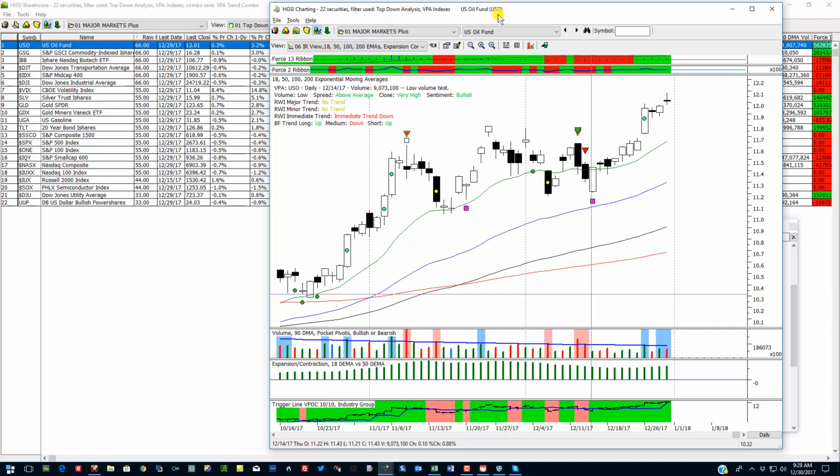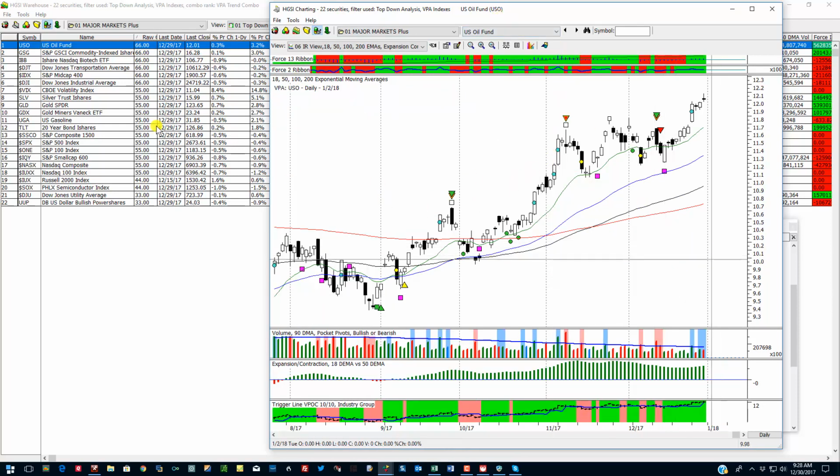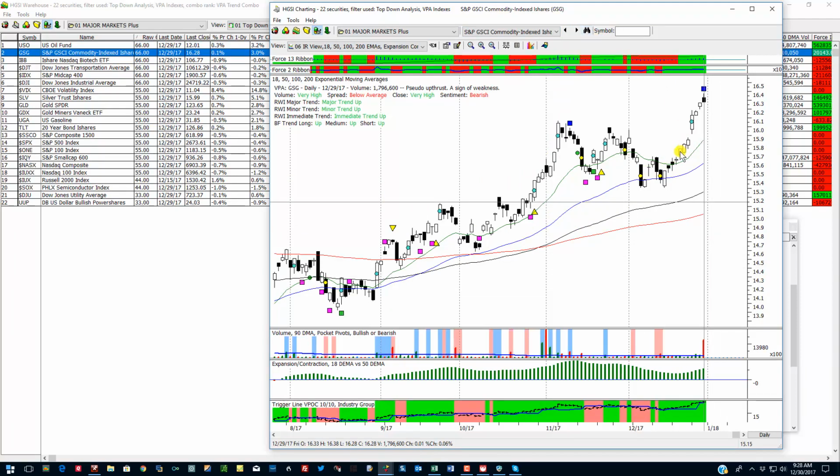I'm going to go back to my Zoom 2 level, and let's just flip down through these. You can see that the commodity indexes the last 5 days moved up sharply, and the trends, if you look up here, this trend information is right here in my chart.